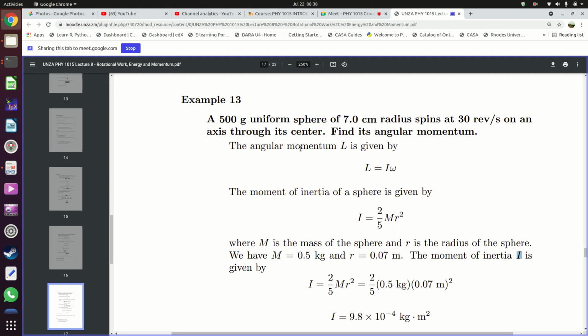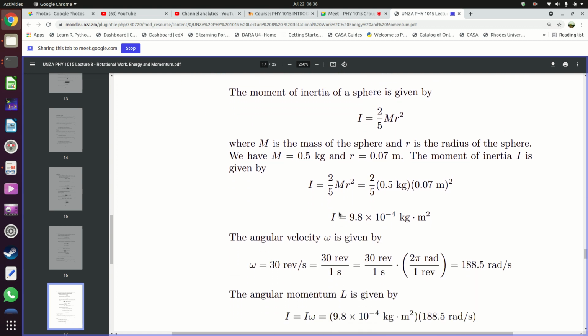Now that we know our object is a uniform sphere, we just substitute so that we can find the moment of inertia. I equals 2/5 mr squared, that's 2/5, then the mass 0.5 kgs, and the radius 0.07 meters squared. So we end up with I equals 9.8 times 10 to the power minus 4 kg meters squared. So this is going to be our moment of inertia.